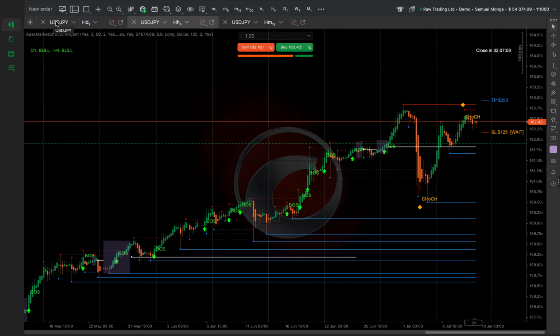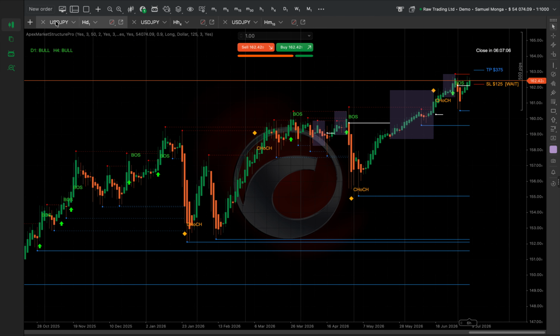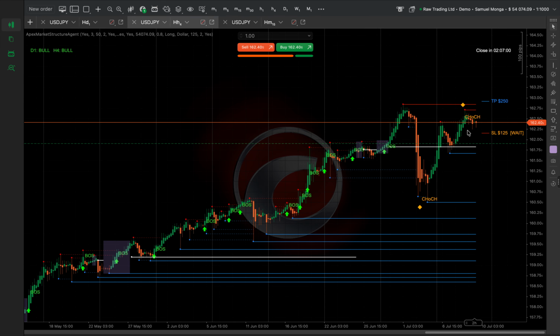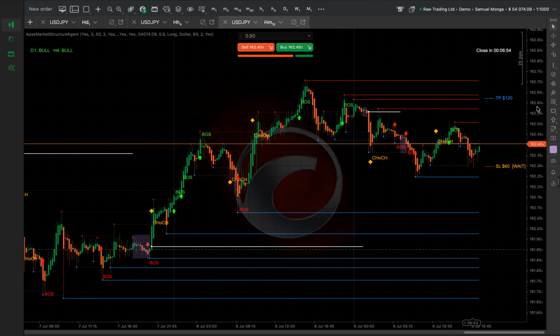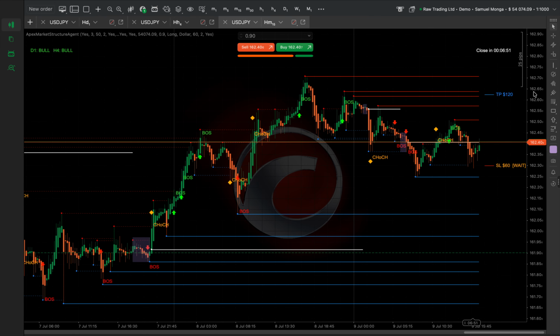Now, when the daily is confirmed bull and 4 hours confirmed bull, now you have power using this indicator in your 15 minutes. What are you gonna do in 15 minutes?